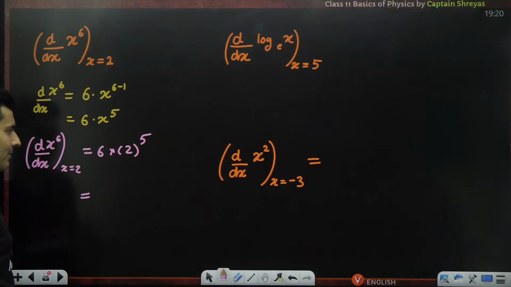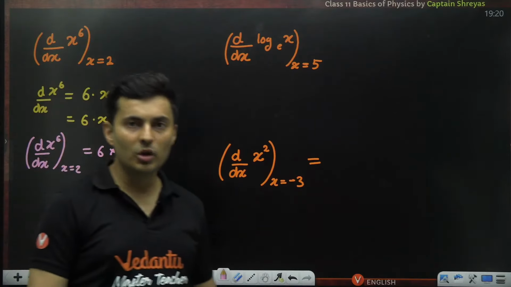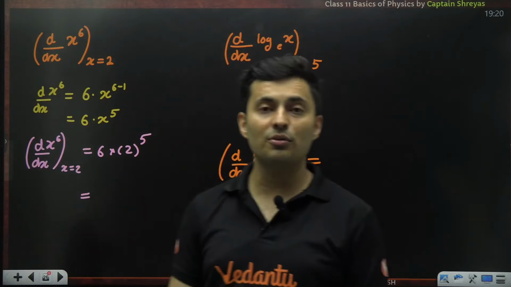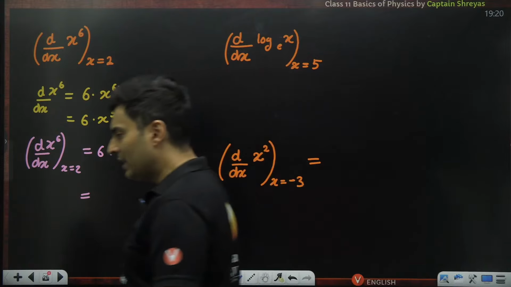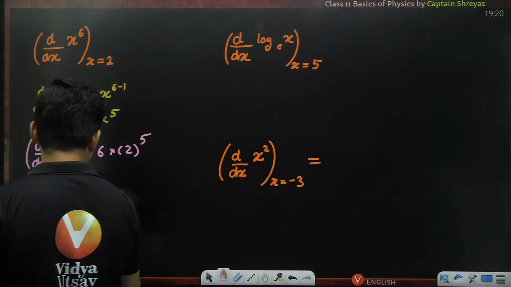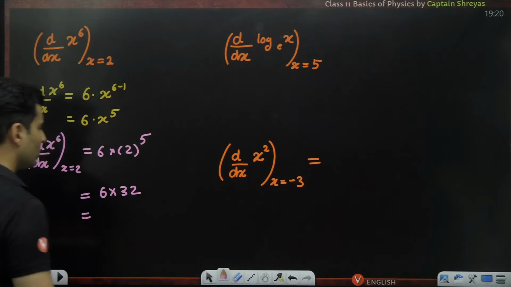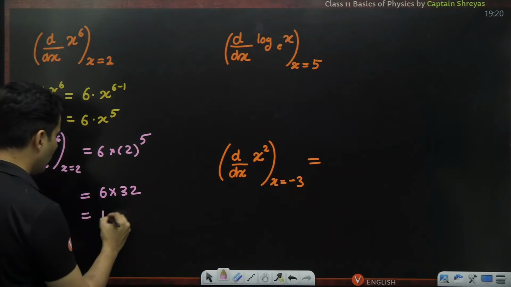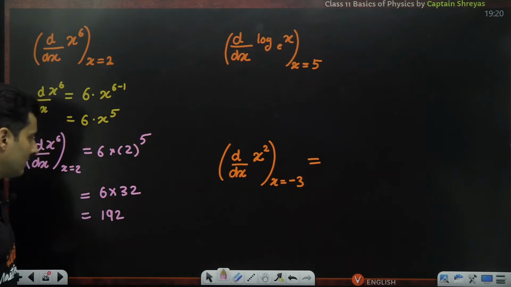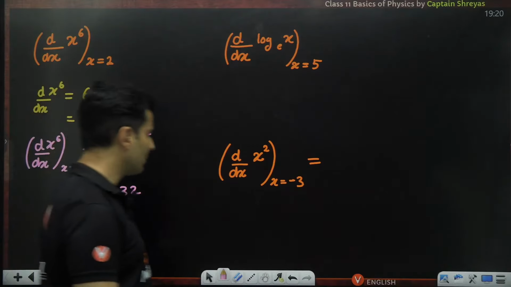So 2 raised to 5, guys. 2 square 4, 2 cube 8, 2 raised to 4 16, 2 raised to 5 32, right? So what is the answer? 6 into 32. 6 3s are 18, 180. So 6 2s are 12. So 192. That is the answer. 192 is the answer for this question.